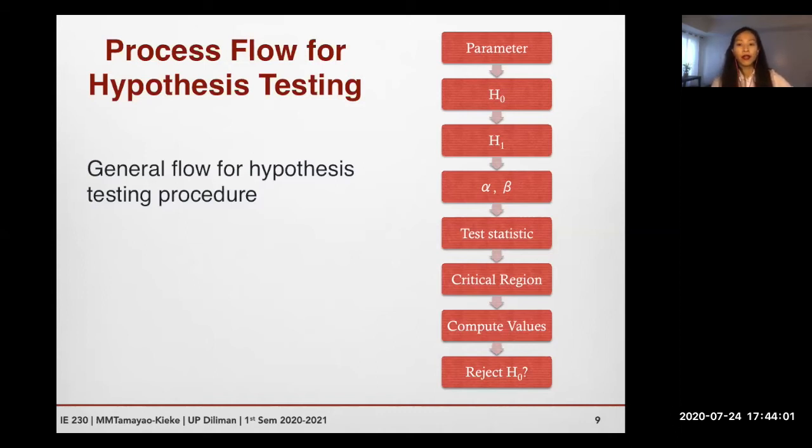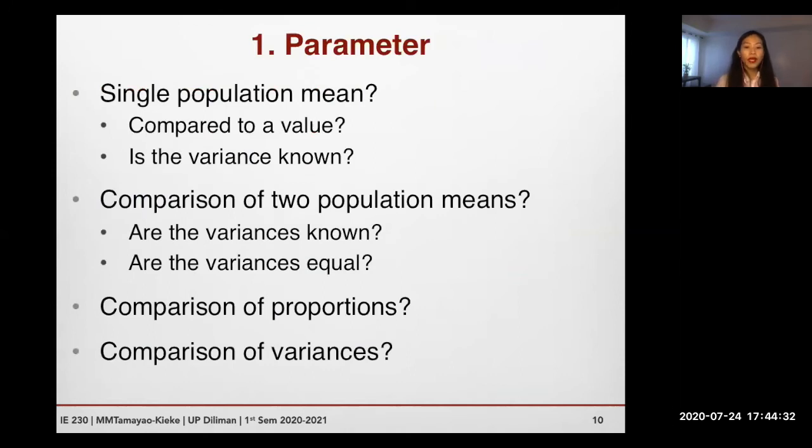And then second to the last step is to compute the necessary values corresponding to the sample. Okay, and of course, the last step is to decide whether or not the null hypothesis should be rejected or not. And of course, this should be reported in the context of the problem. Okay, so let's now talk about each of the steps mentioned.